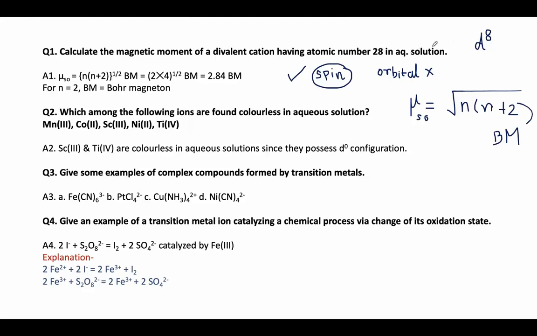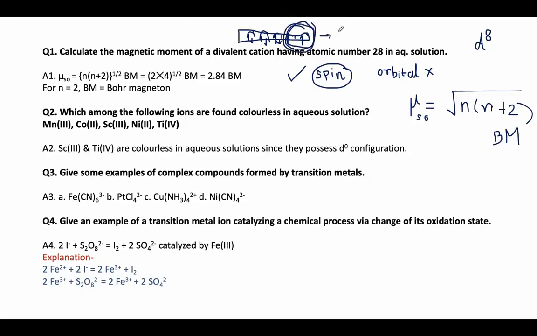That's why the configuration is d8. So we shall fill up the electrons in the cells as 1, 2, 3, 4, 5, and then we will pair up the electrons 6, 7, and 8. So actually we are having 2 unpaired electrons in a d8 configuration.